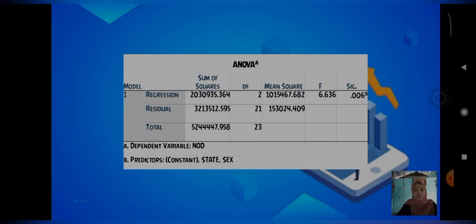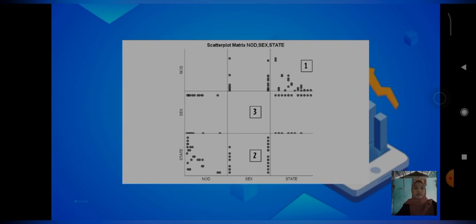In this case, the p-value from the ANOVA table is 0.006. Therefore, it is statistically significant because p is less than 0.05. This is a scatter plot we got from using SPSS.